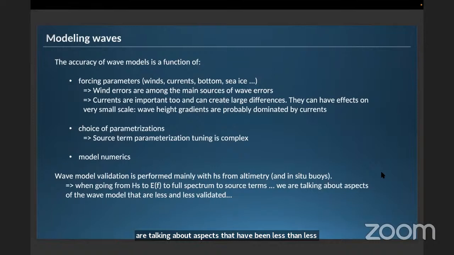But let's just advertise that there are observations of the wave spectrum from buoys, obviously, but also from satellite data. They are not very easy to use, and there are also some limitations that have to be known to use them.